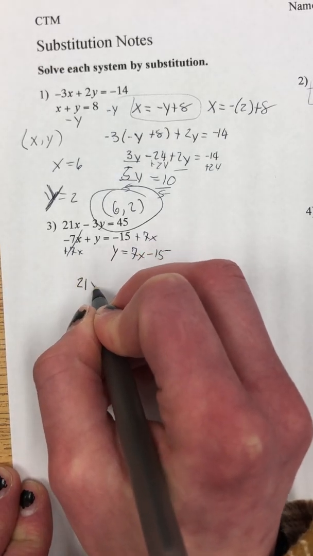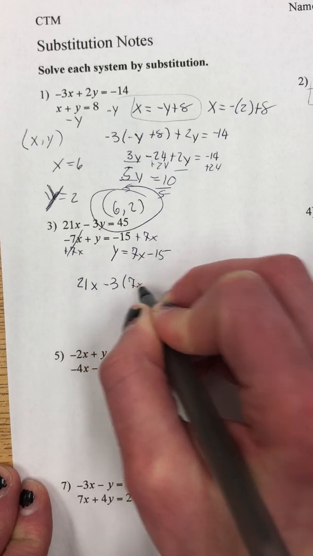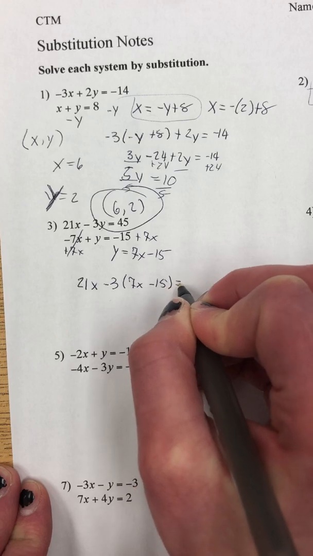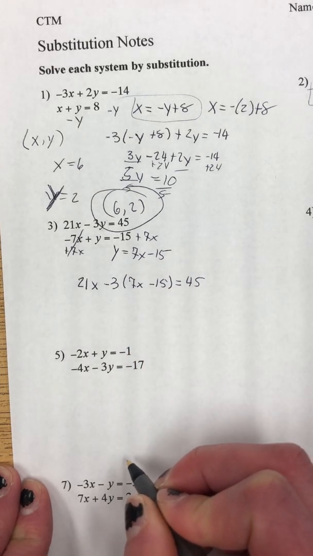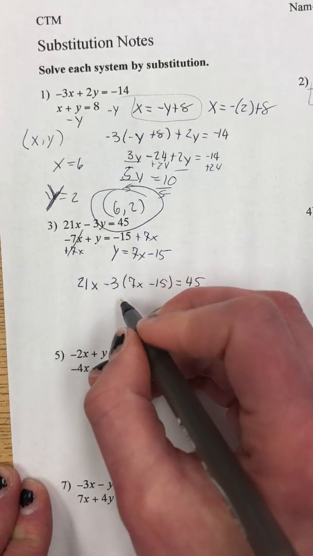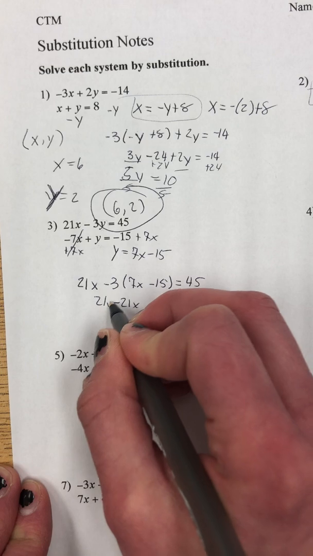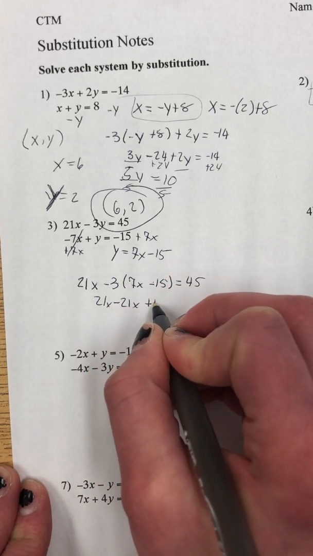So we're going to do 21x minus 3 times 7x minus 15 equals 45. Negative 3 times 7x is going to be negative 21x. Negative 3 times negative 15 is going to be positive 45.